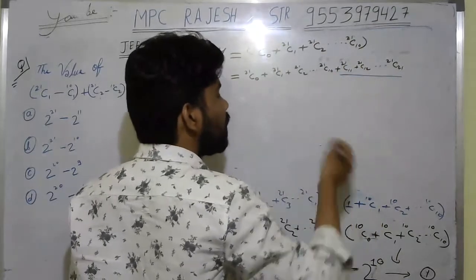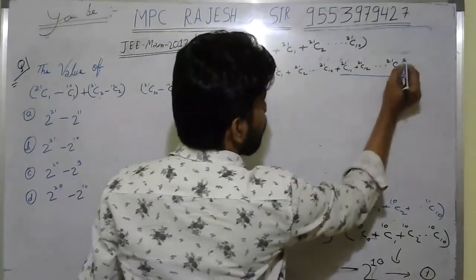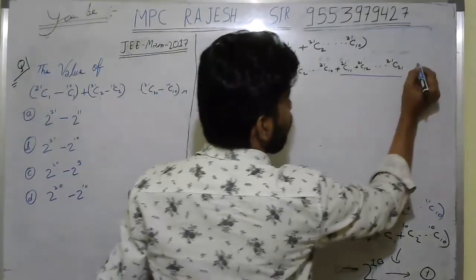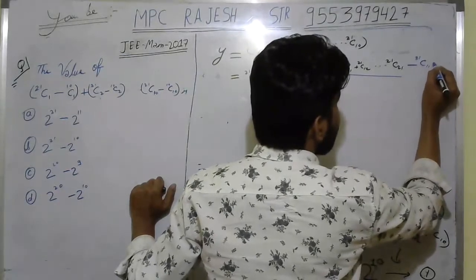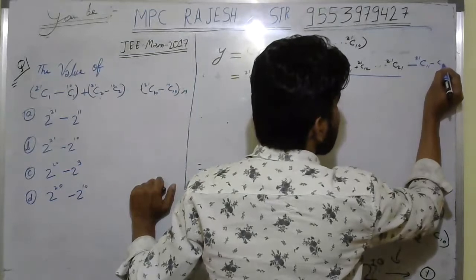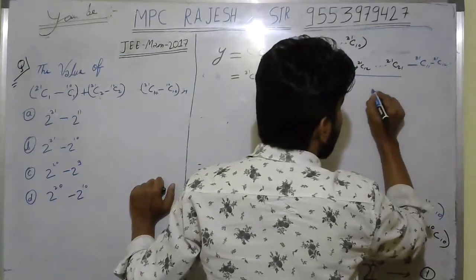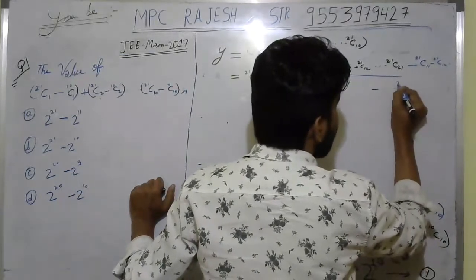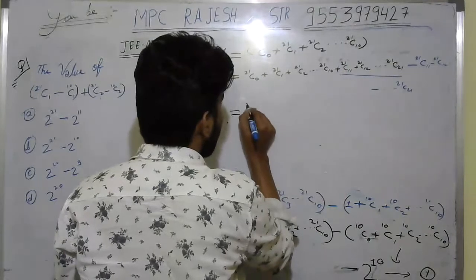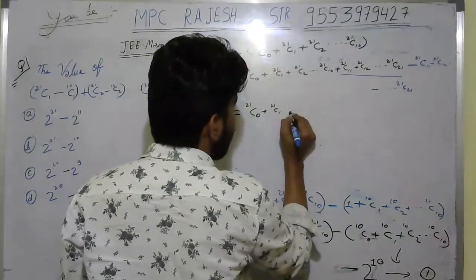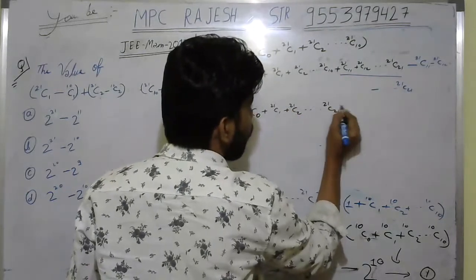When we add that much, we will subtract it also. So that much we are going to subtract: minus 21C11, 21C12, up to 21C21. Now we keep in one bracket 21C0 plus 21C1 plus 21C2 up to the total 21C21.